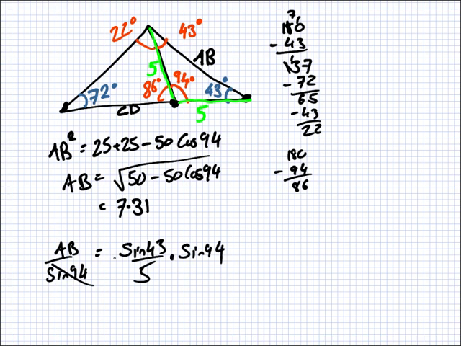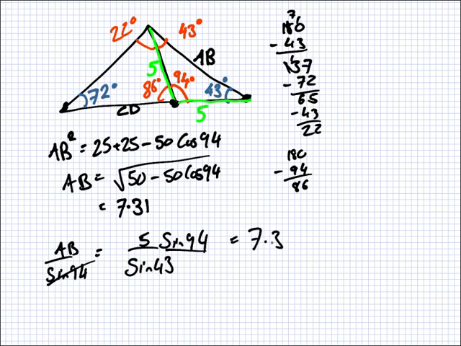No, the 5 is in the numerator, isn't it? Sorry, I miswrote it. I should have put the 5 on the top. Yeah, 5 sine 94 over sine 43. Oh yeah, it is 7.31. Okay, good. What did you do wrong, though? I think I put in something wrong.